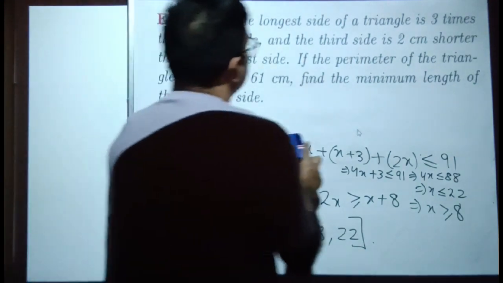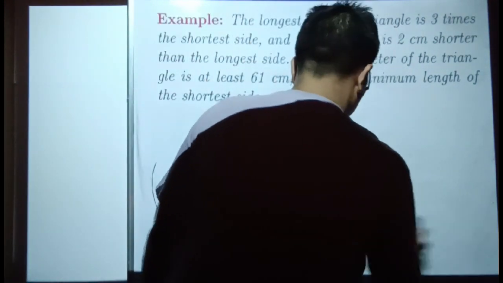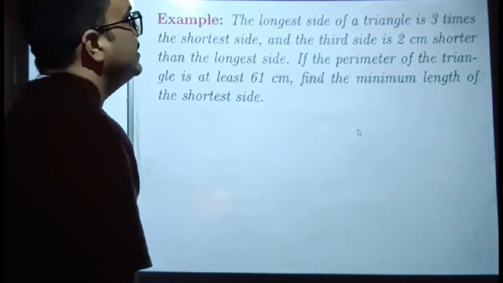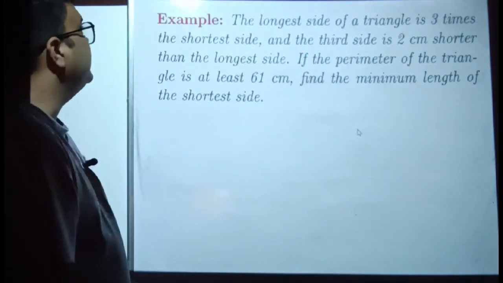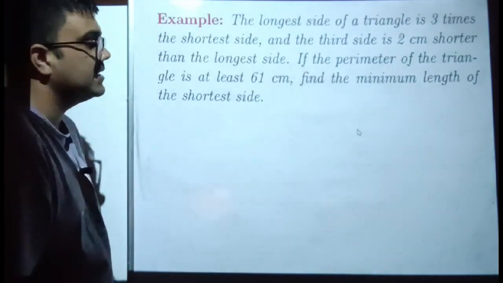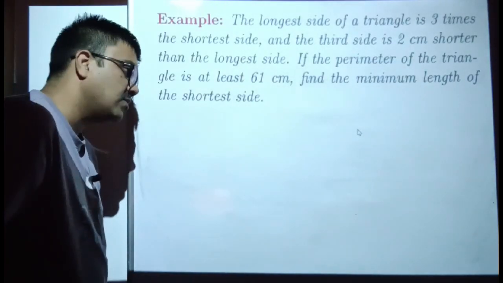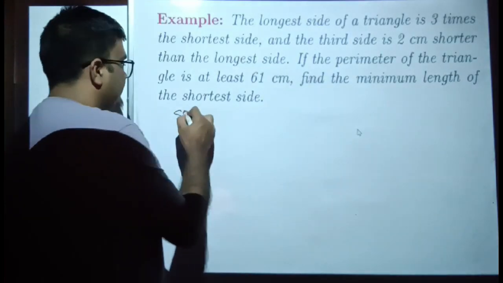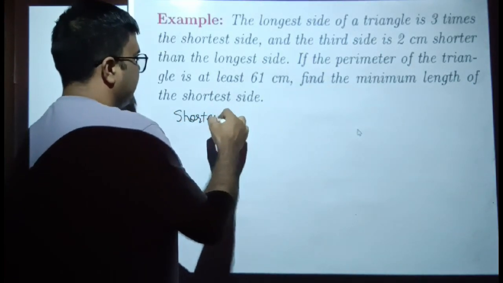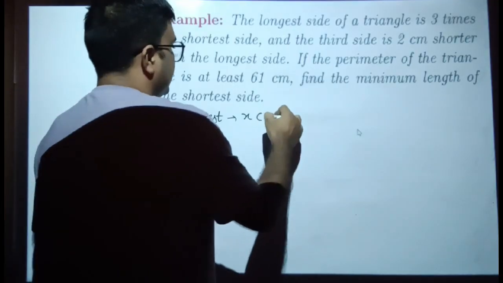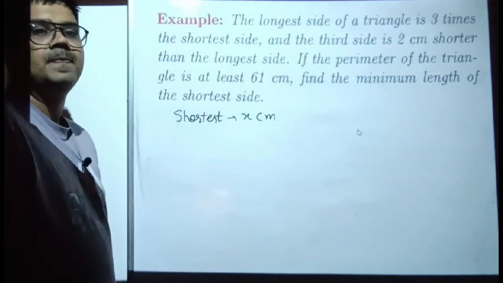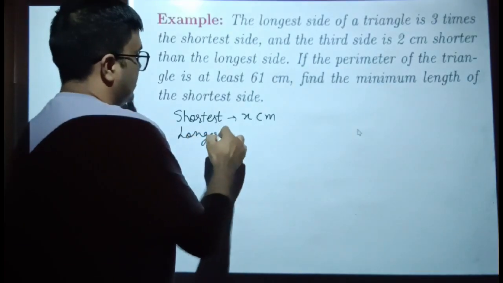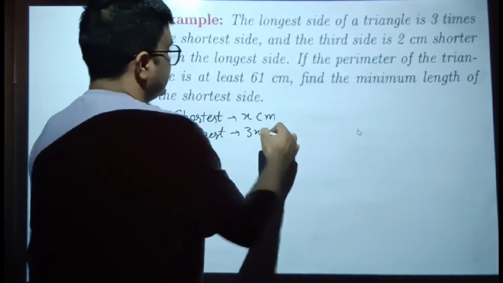Next is the longest side of a triangle is 3 times the shortest side. So we are talking about the sides of a triangle. Let us consider the shortest side is x centimeters. Then the longest side we have is 3x centimeter.